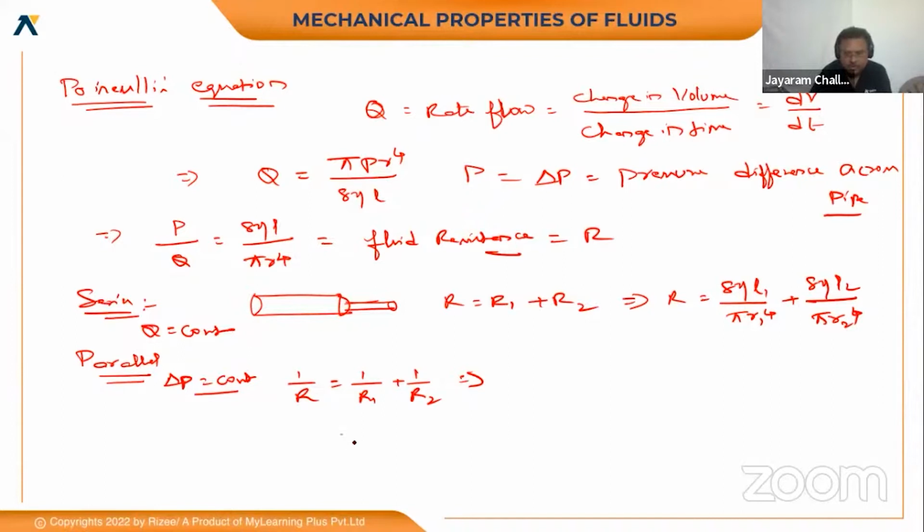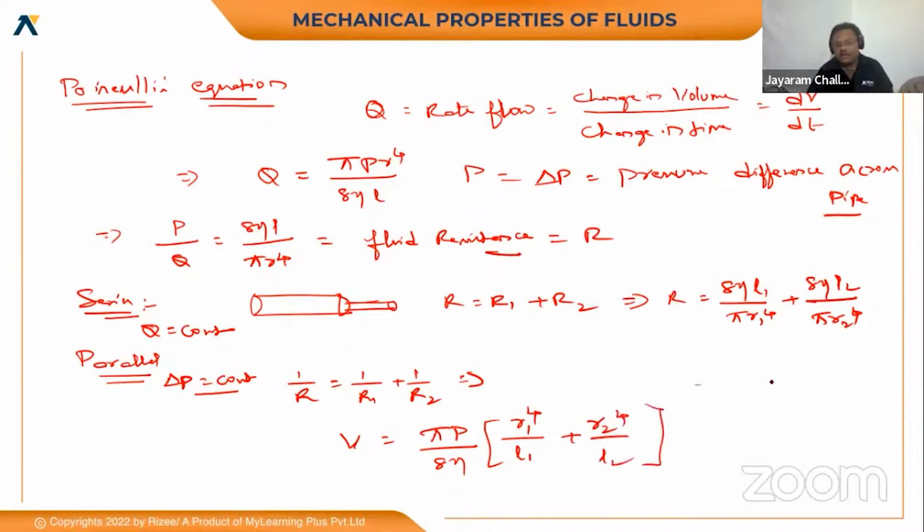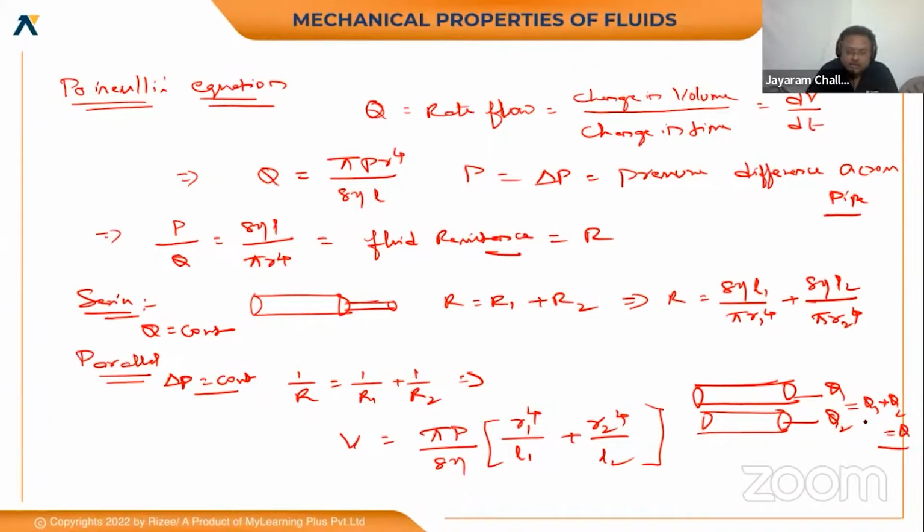That means total rate of flow can be written as pi into pressure by 8 eta times of రెండు parallel combination కాబట్టి total r1 to the power of 4 by L1 plus r2 to the power of 4 by L2. ఒక పైప్ పక్కన ఇంకొక పైప్ లో వెళ్తున్నారు రెండు. అప్పుడు టోటల్ రేట్ ఆఫ్ ఫ్లో అంటే వీళ్ళిద్దరిని కలుపుకోవాల్సిందే కదా, Q1 ఇది Q2 ఇది, which is equal to Q1 plus Q2 is equal to Q total rate of flow. So this is the basic conditions andi, jagratta. Idi chala chala important relations.